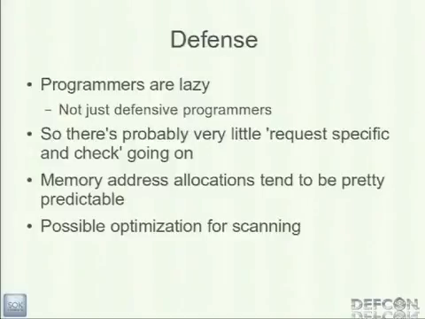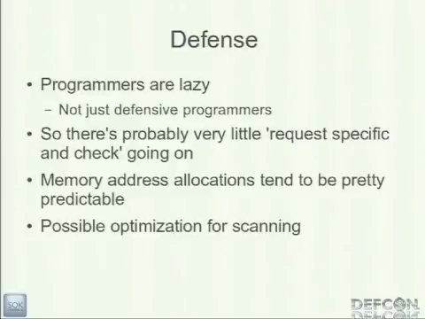Now, on the defensive side, programmers are lazy, yes, but it's not just defensive programmers, it's offensive programmers too. Perfect example is I threw this code together in about a week, and it's very procedural and not a stellar code example. So there's very little request-specific checking going on with most of your exploitation frameworks.